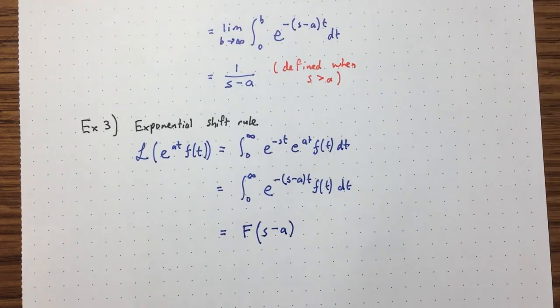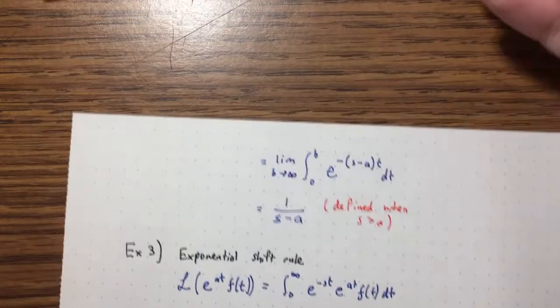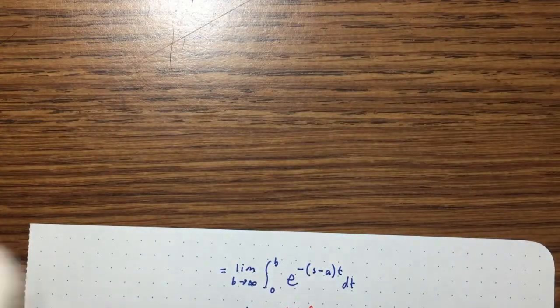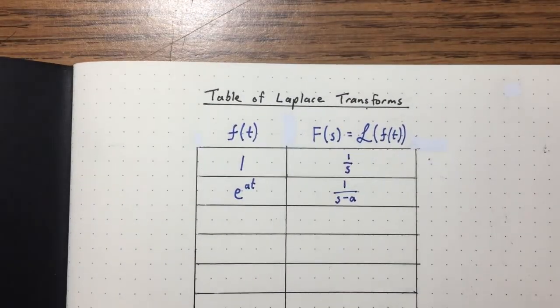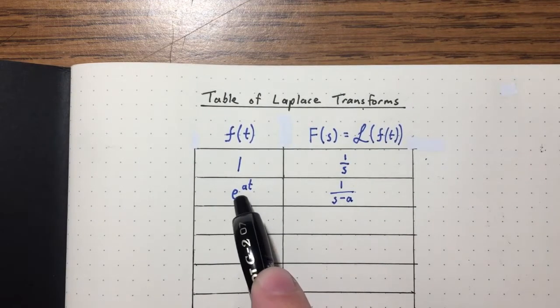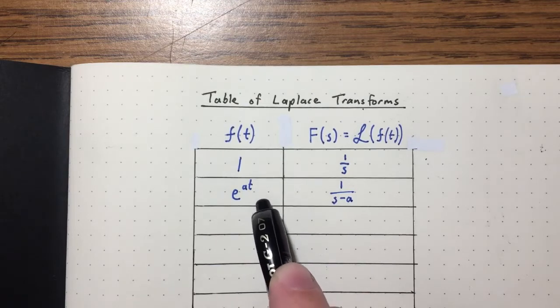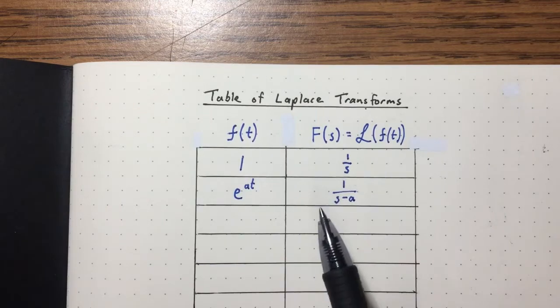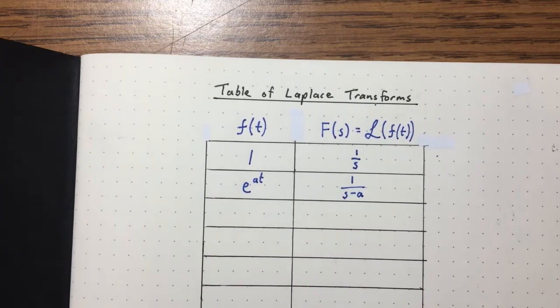Okay. And we've actually seen an example of that. So I just want to go back here. Actually, let's look at our table. Okay, you can think of e to the at as e to the at times 1. And then the exponential shift rule tells us you just need to take the Laplace transform of 1 and then replace the s by s minus a.